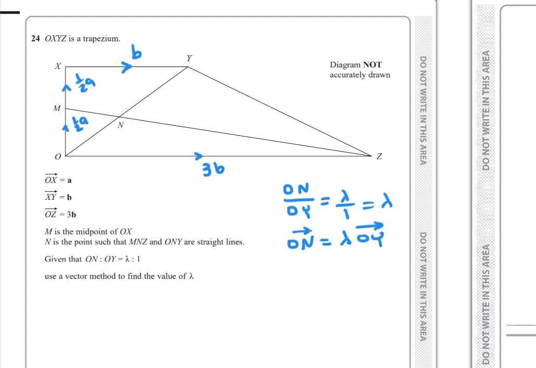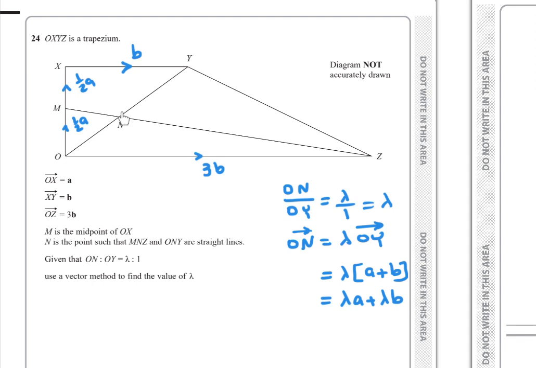Now the vector OY equals OX plus XY, so vector a plus vector b. So we can write ON as lambda times (a plus b). So you can expand: lambda a plus lambda b. Now we have ON in terms of a, b and lambda.